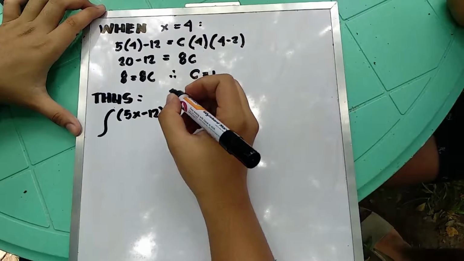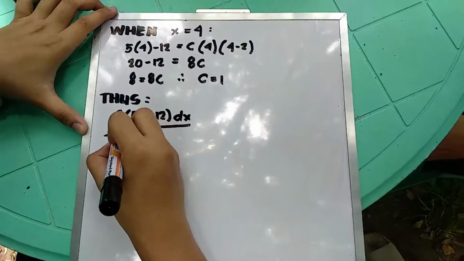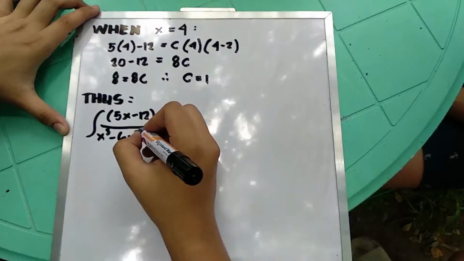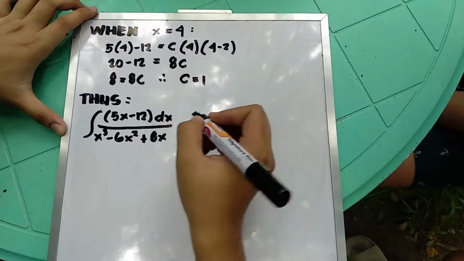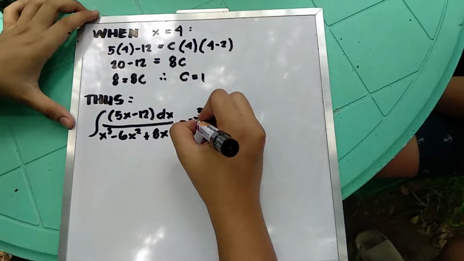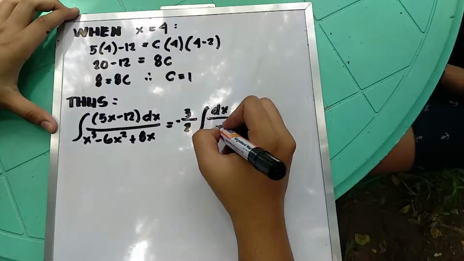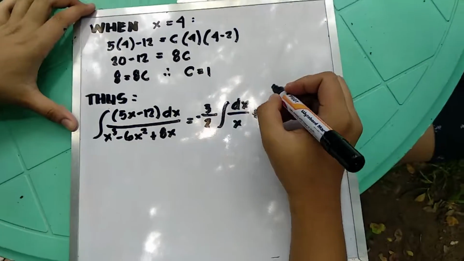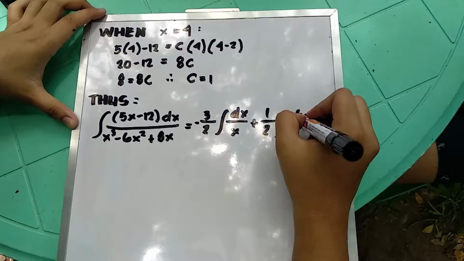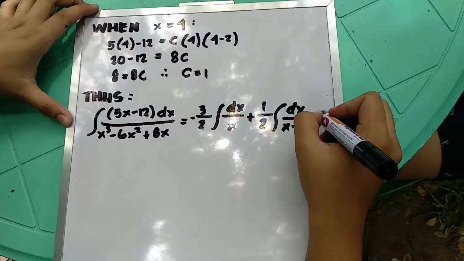Thus, the integral of 5x minus 12 dx over x cubed minus 6x squared plus 8x equals negative 3 over 2 integral of dx over x plus 1/2 integral of dx over x minus 2 plus integral of dx over x minus 4.